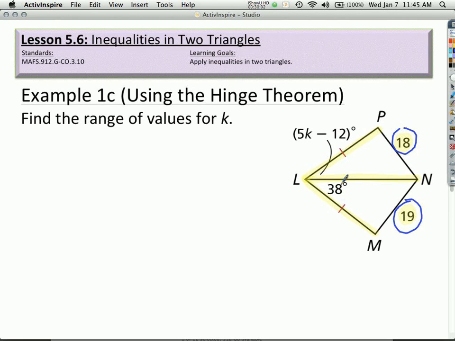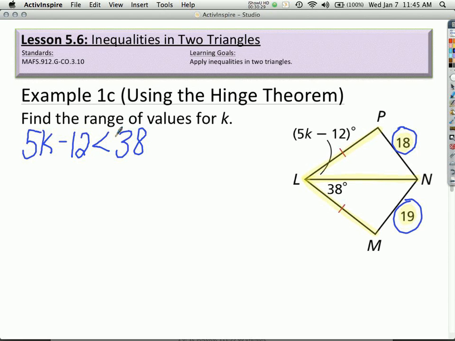Kadir? 5k minus 12 is less than 38. Yeah, this angle must be smaller than this one because this side is smaller than this one. So we can say 5k minus 12 must be less than 38, and that's going to help us find this range of values when we solve it.